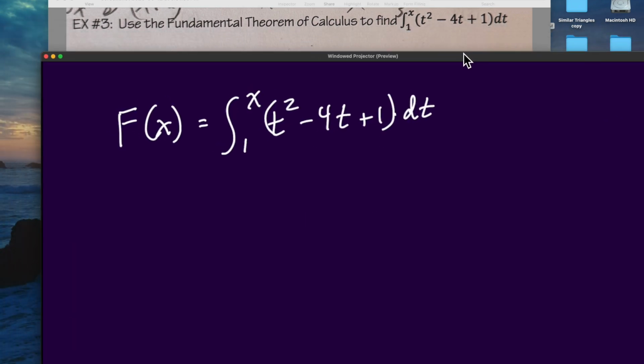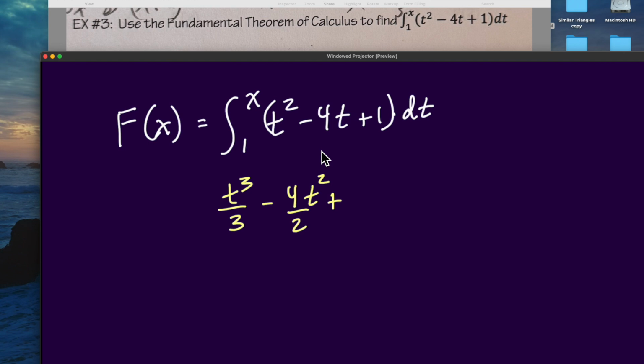Let's take the antiderivative of this and then plug in the 1 and the x. So the antiderivative of t squared minus 4t plus 1 is going to be t cubed over 3 minus 4t squared divided by 2 plus t.